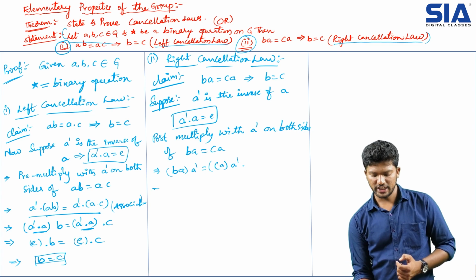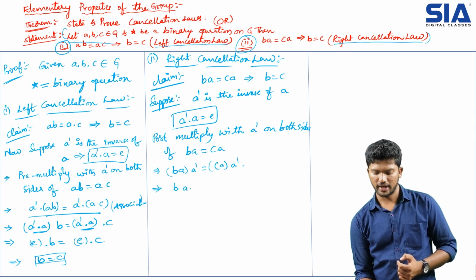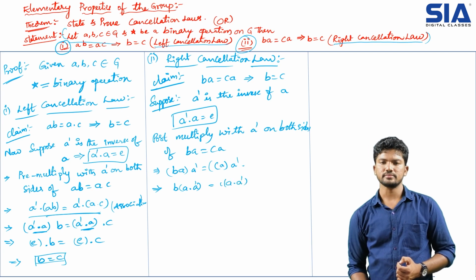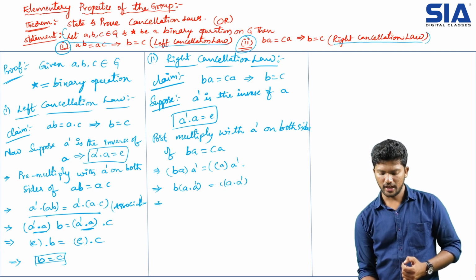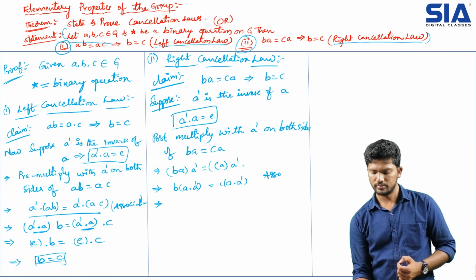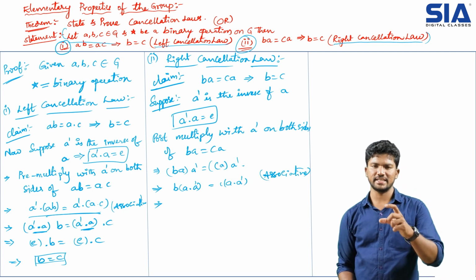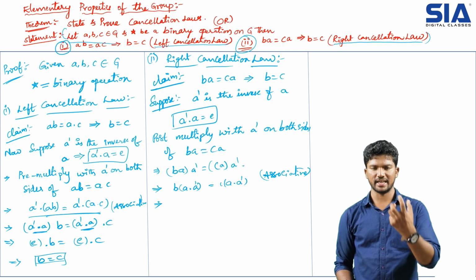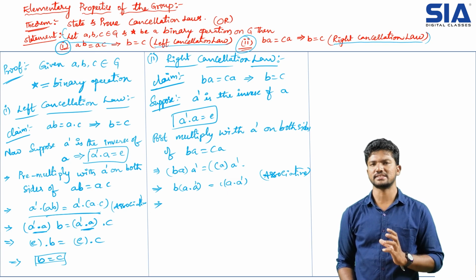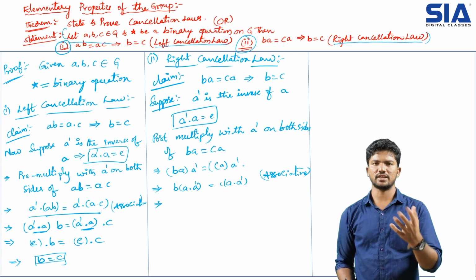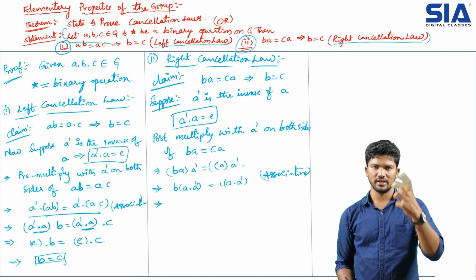Now by using the associative property, you can write b into a a dash separately and c into a a dash separately. Why can we use it? Because capital G itself is a group. They clearly mention in the statement that capital G is a group, which means the closure, associative, identity and inverse properties will exist.